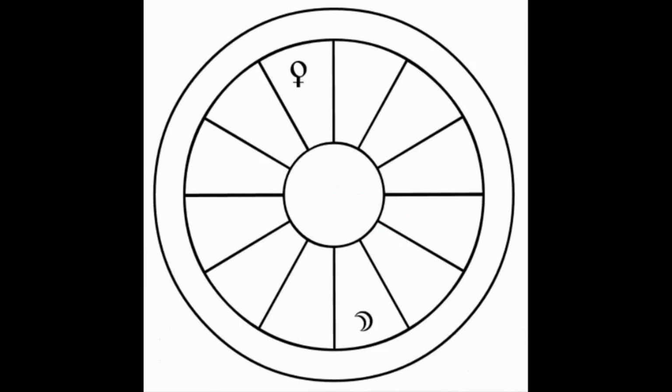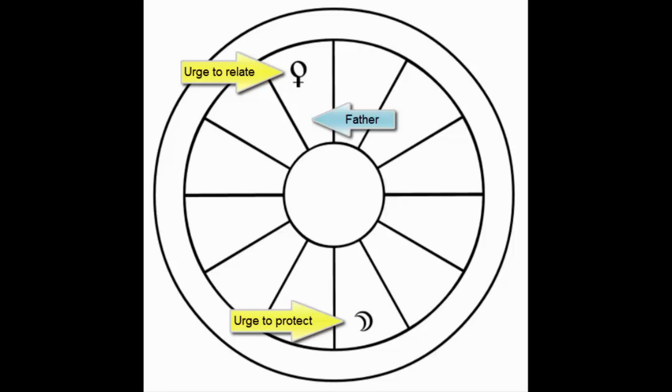Let's go back to Susie and this time focus on her Venus, the urge to relate, in her 10th house, signifying her father, and the moon, the protective urge, in the 4th house, signifying her mother. And here is a hypothetical scenario.